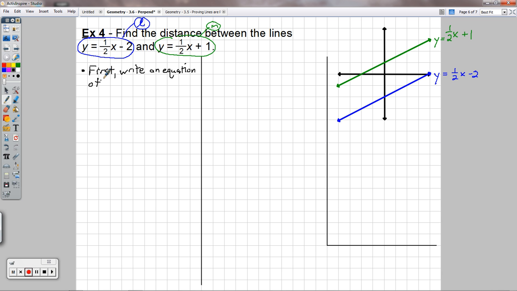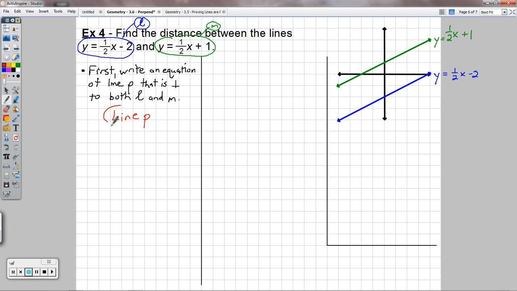So first, write an equation of line P that is perpendicular to both L and M.